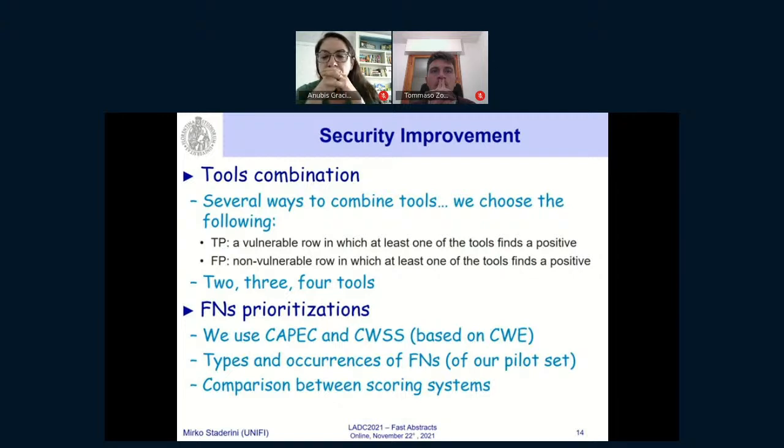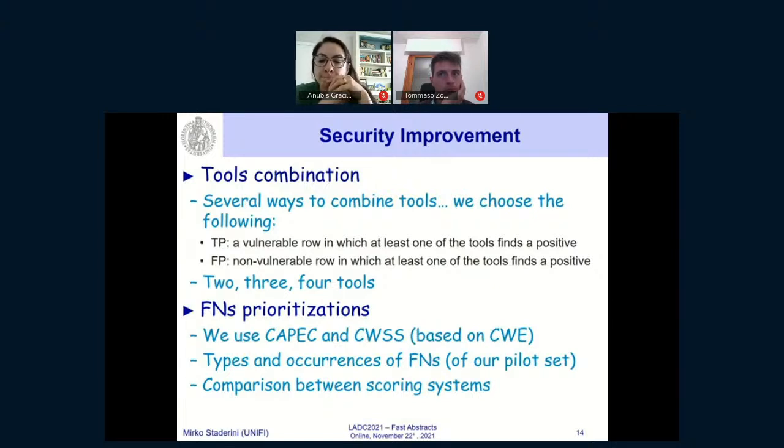Accordingly, we have the definition of false positive. This way, we investigate the combinations of tools, and we analyze the coverage and the precision, because with combination we increase the true positives, but we also increase false positives.